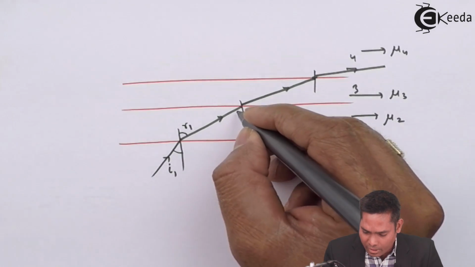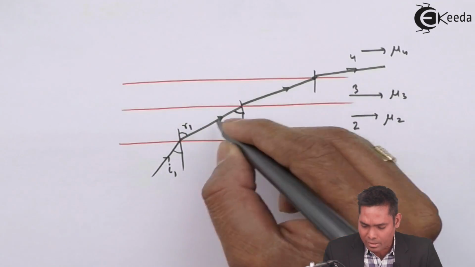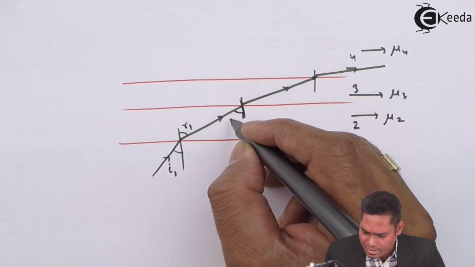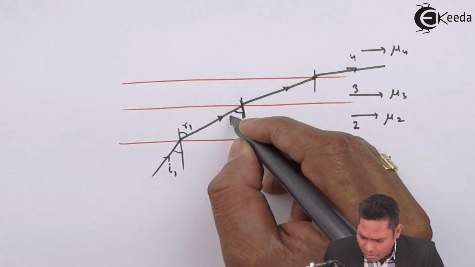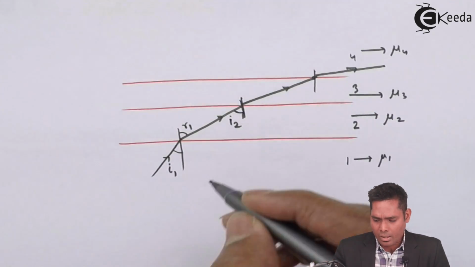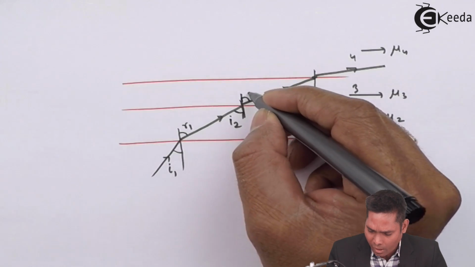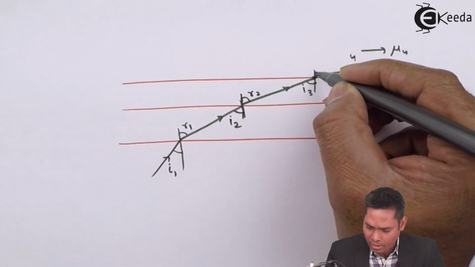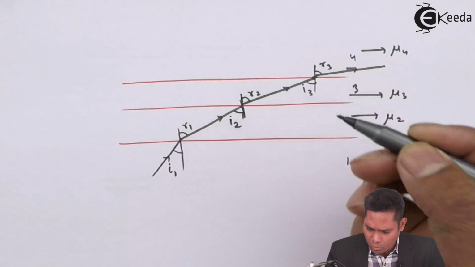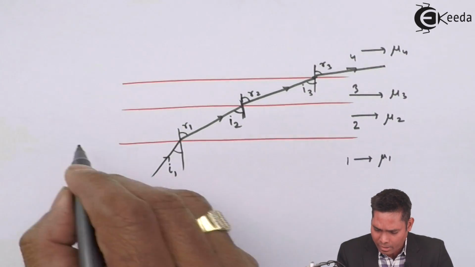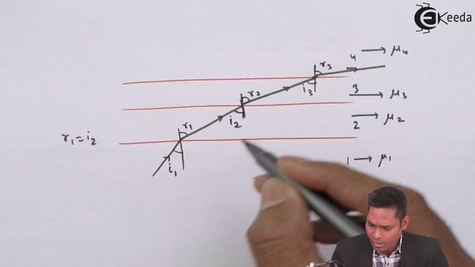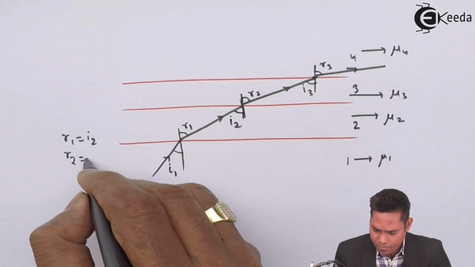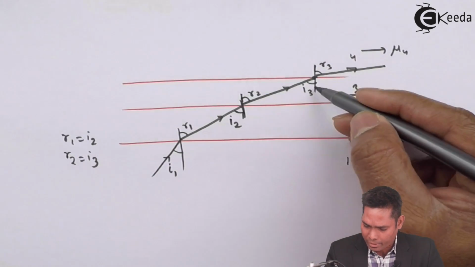Similarly, this angle is same as this angle, same alternate angles, but I call this I2 for the second surface, and this angle I call R2, but this angle I call I3, and this angle R3. Though I know that this R1 and I2 are same, and this R2 and this I3 are same.